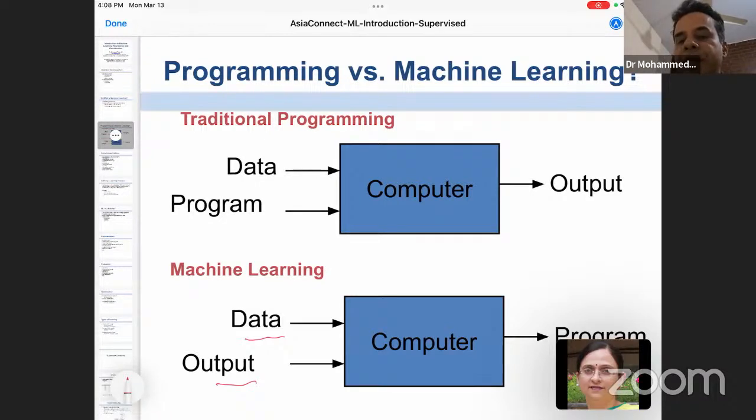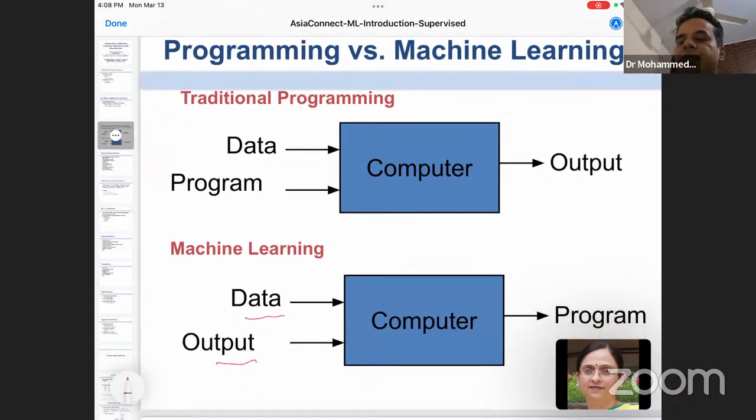From the input and the output, the machine learning task will generate a program that can map from input data to the output. So this is the basic difference between programming and machine learning.